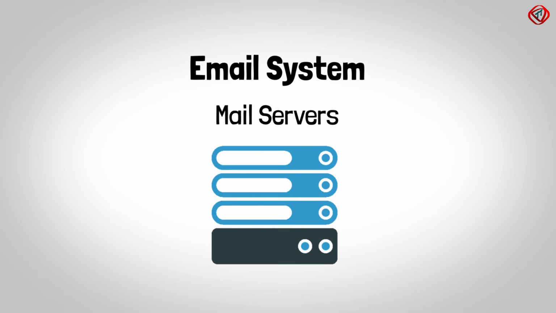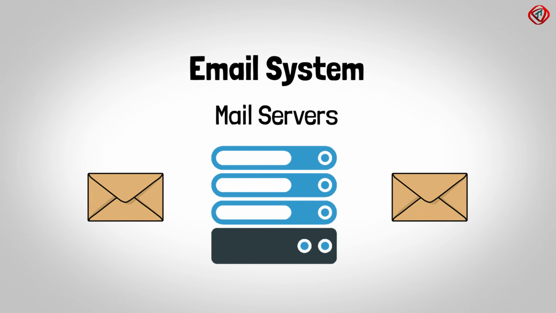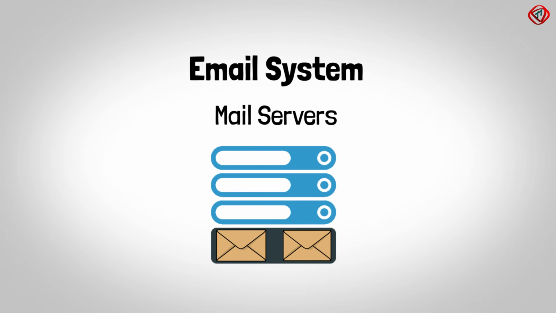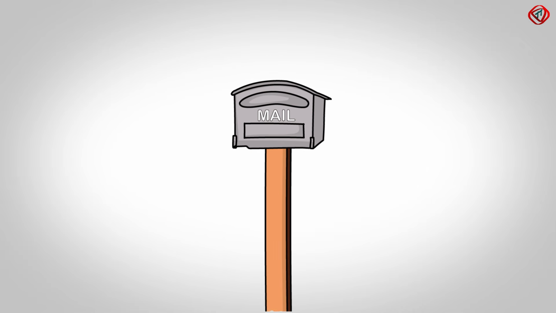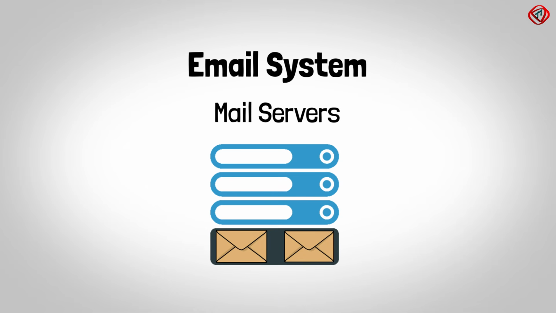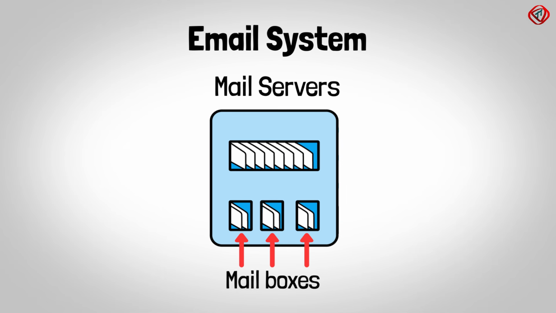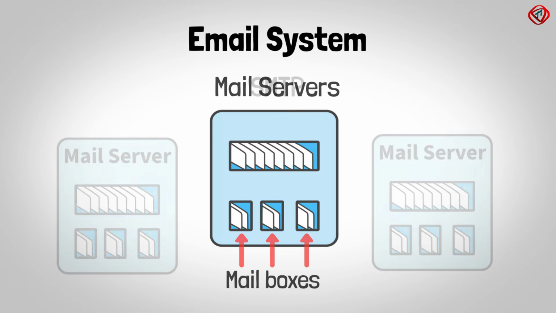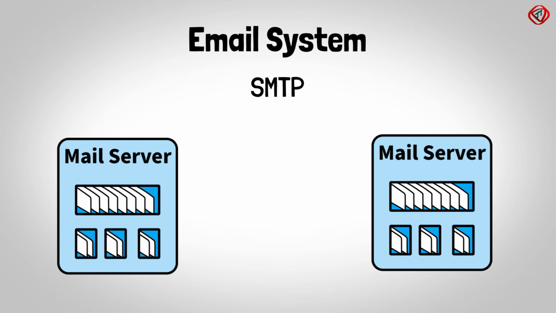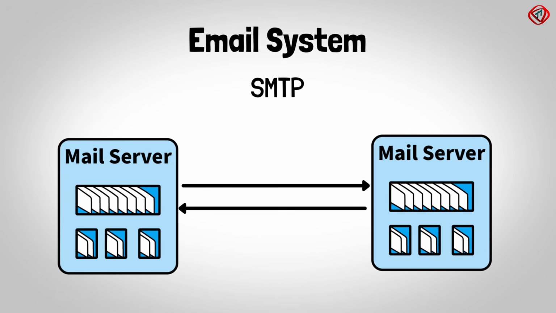Mail servers are responsible for transferring and storing emails. Just like we have physical mailboxes outside our houses for receiving postal mail, mail servers maintain individual mailboxes for every user. SMTP is responsible for transferring messages between mail servers.